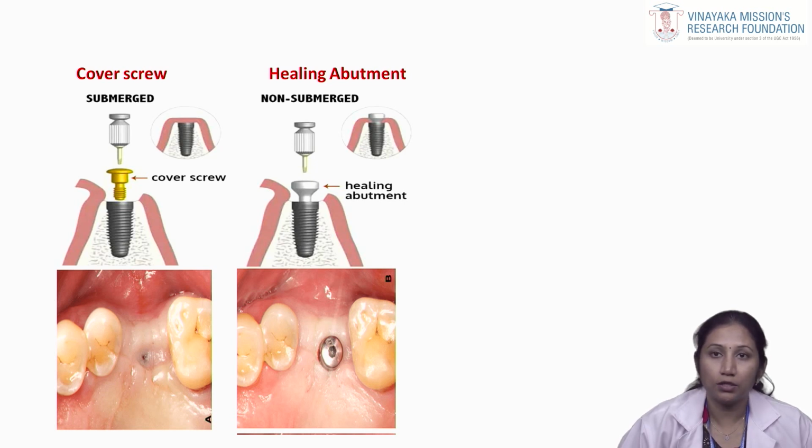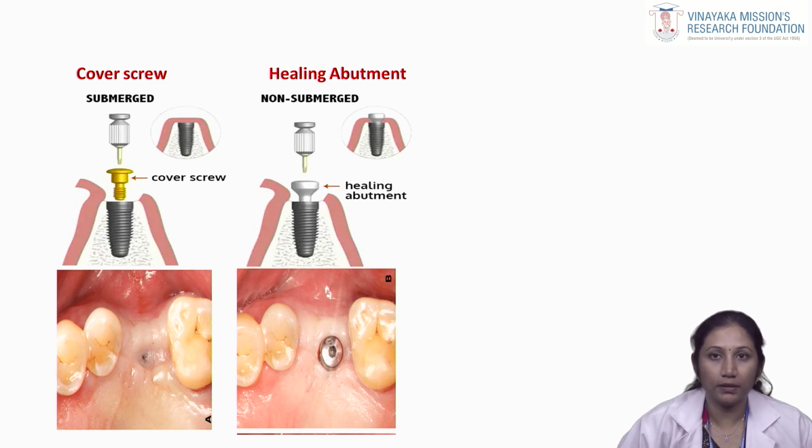The clinical picture here shows the implant site, and now the implant enters the second surgical phase, where the implant platform is switched from the bone level to the tissue level. Once the osseointegration is ensured, the implant is re-exposed and the cover screw is replaced with the healing abutment.